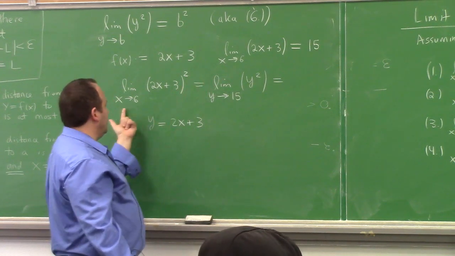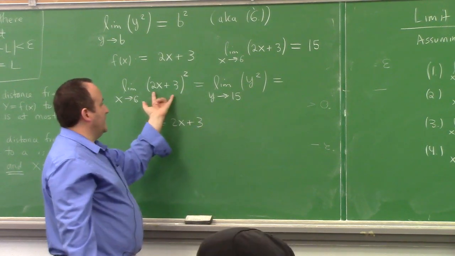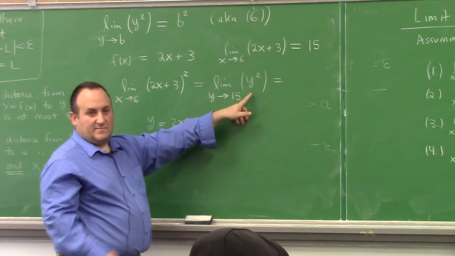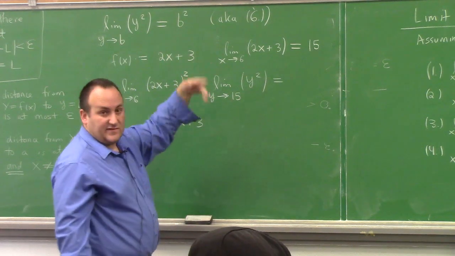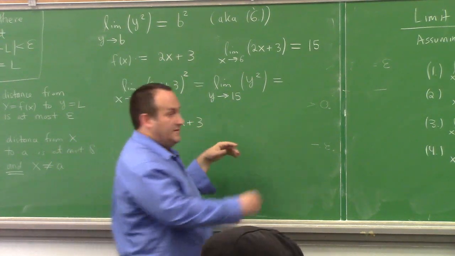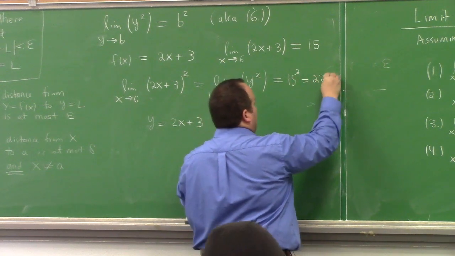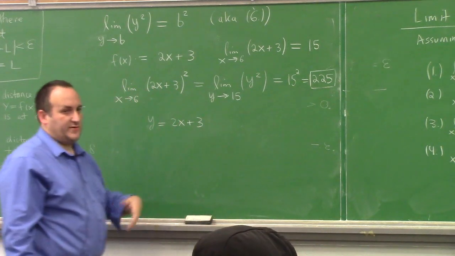So I trade my limit for x for a limit for y, and this is nothing more than y squared under that substitution. And then this is, by this rule up here, with b equal to 15, just 15 squared, right? So the answer is 225, for what it's worth.